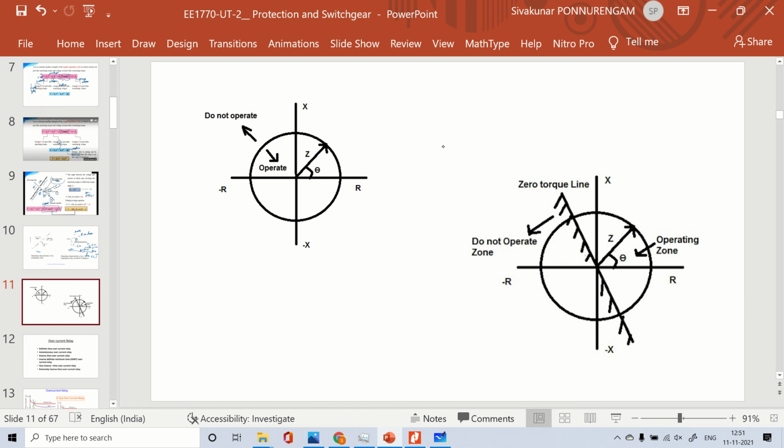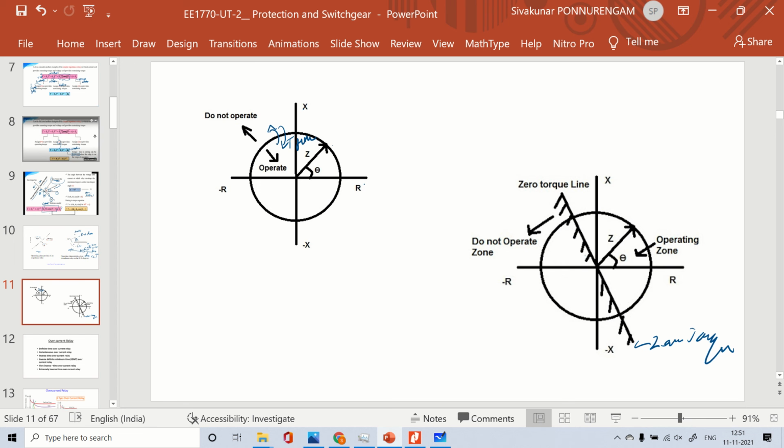So this is R, the resistance, and this is the reactance value, the X, which we are going to operate. So inside the region we take it as tripping the system, and outside the region we do not trip. Suppose the reactance relay is at the zero torque position. For what positions do we take this into account?